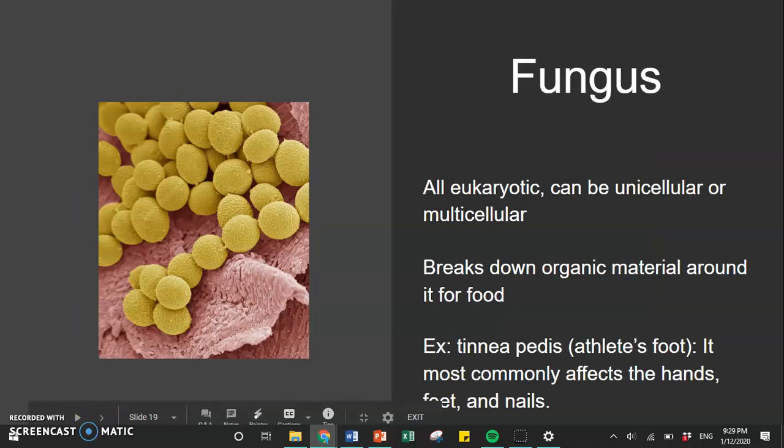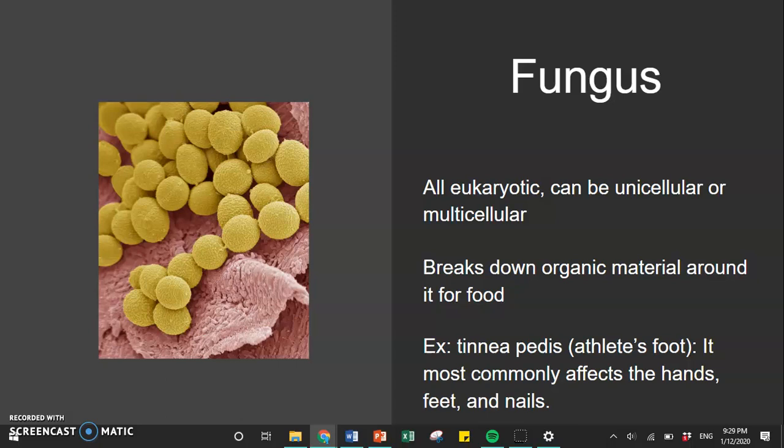So to start on our first type of pathogen, we're going to talk about fungi. They're all eukaryotic, and they can be either unicellular or multicellular. And normally when we think about fungi, we think about mushrooms that grow on the ground, and we can make a connection here between pathogenic fungi and fungi that we see out in the world, because they both break down organic matter around them for food.